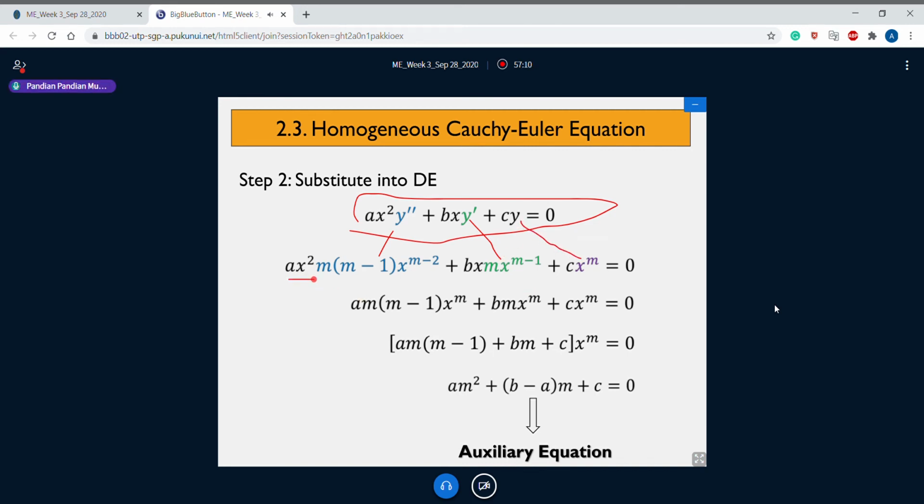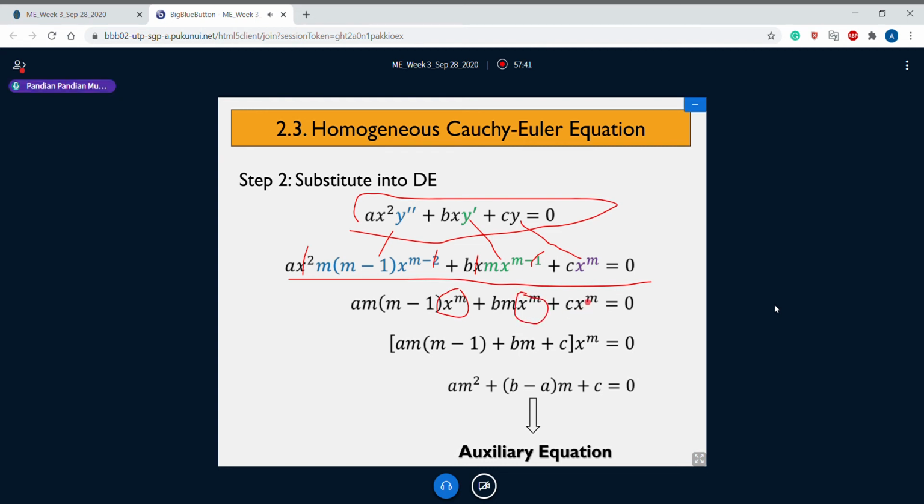Then you simplify and throw away all the x, and you obtain am(m minus 1) x power m, bm x^m, c x^m equals 0, because this cancels off, this one cancels off, class.